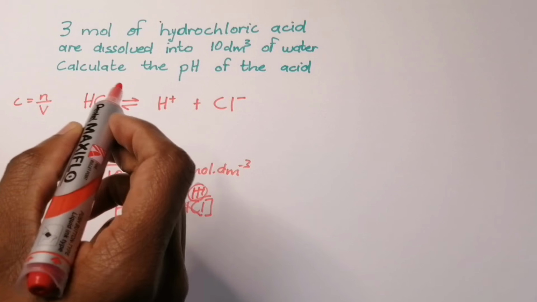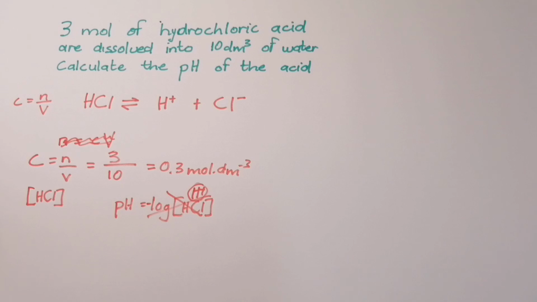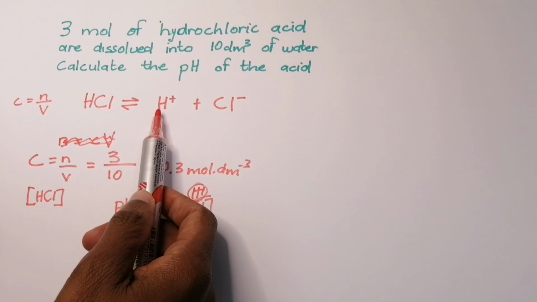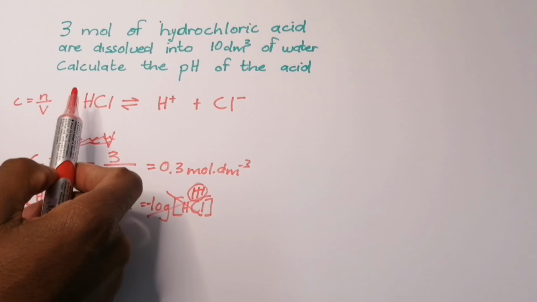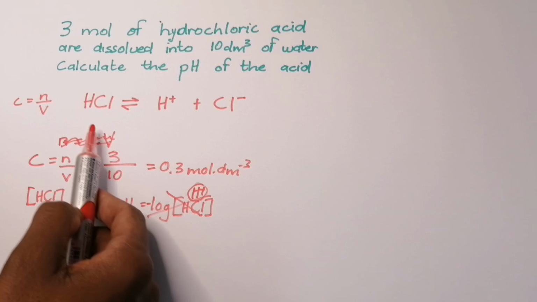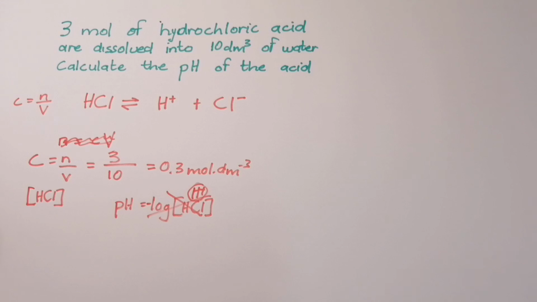I can do this with concentration because it's in the same volume. So for any amount of hydrochloric acid, if it ionizes completely, I will get the same amount of what? Hydronium ions. Can you see that?